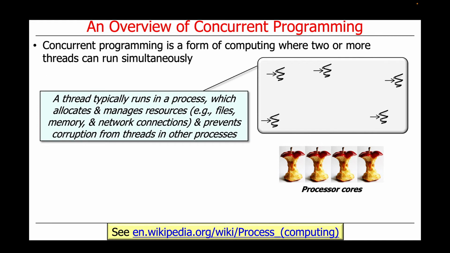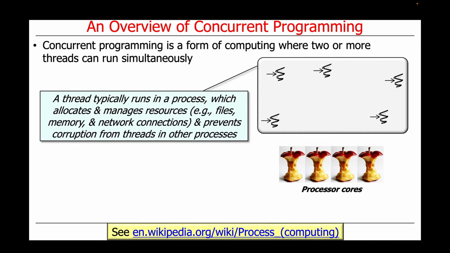Typically, threads run in the context of something called a process. And the process is shown here as this kind of gray rectangle that the threads are running inside. A process is a unit of resource allocation and protection. What that means is it is used to allocate and manage resources like files, memory, network connections, and so on.